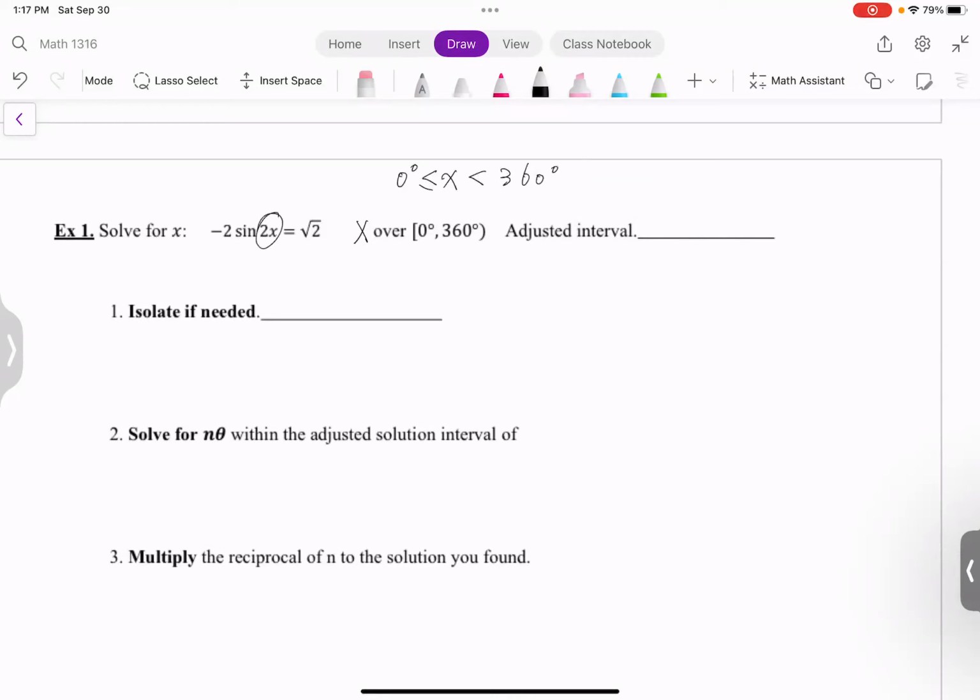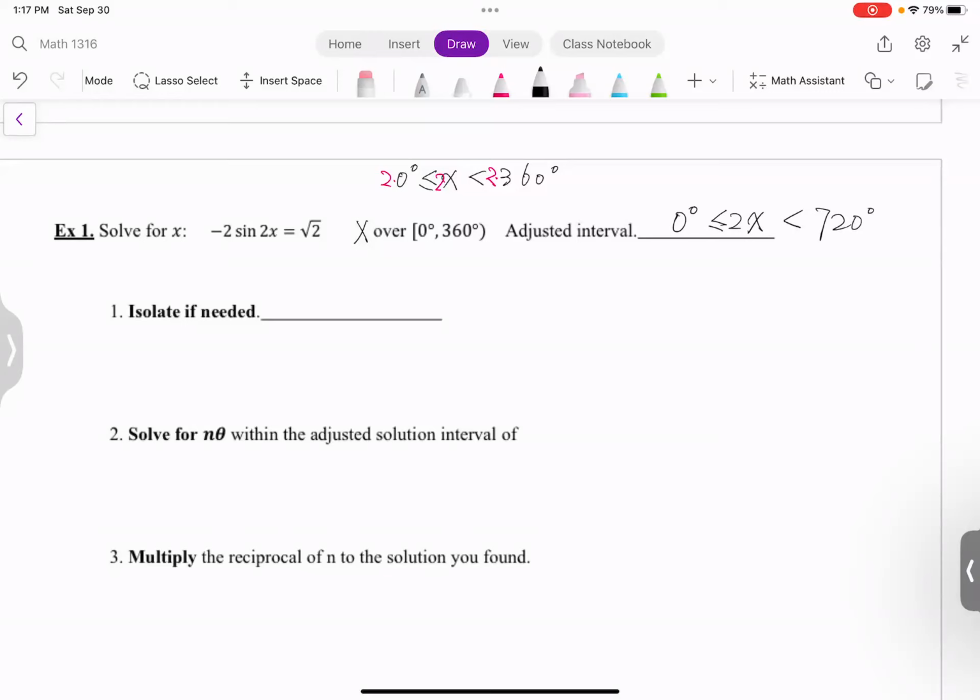Now I see my input is 2x. The meaning of 2x is that the adjusted interval is 2 times x, 2 times 0, 2 times 360. Then the adjusted interval for 2x is between 0 degrees and 720 degrees.